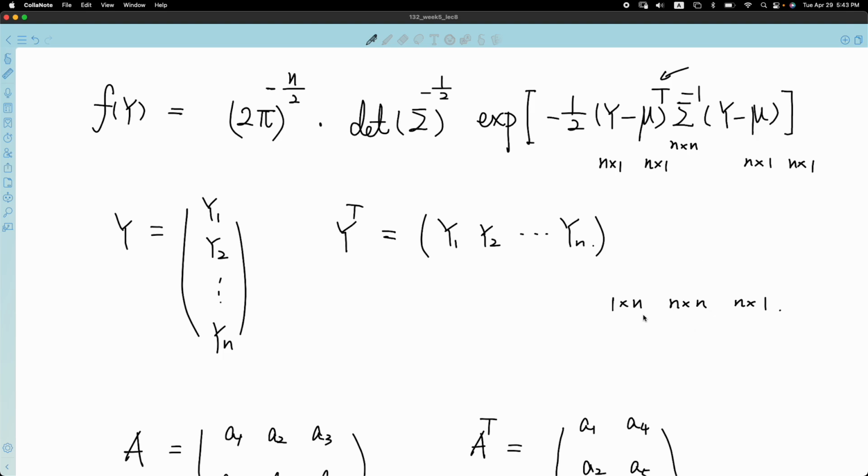Once the dimensions are matching, this is a valid operation, and in the end you will have a scalar as the output, a 1 by 1 matrix. So for matrix vector multiplication, you need to make sure the dimensions match to perform the operation.